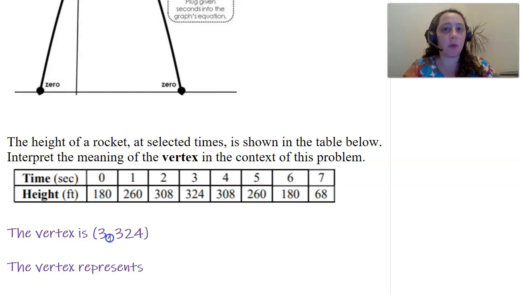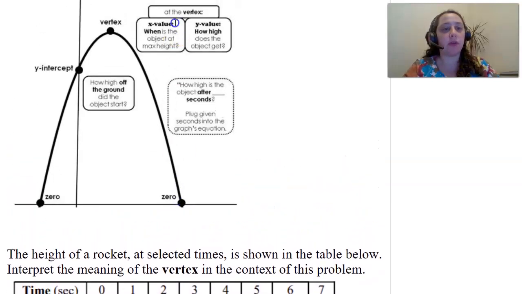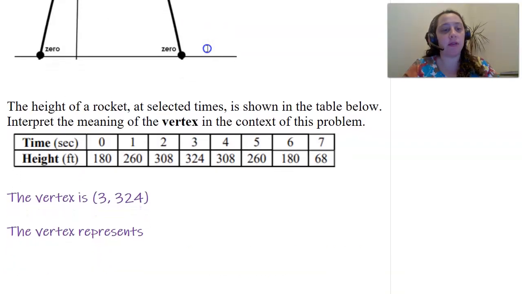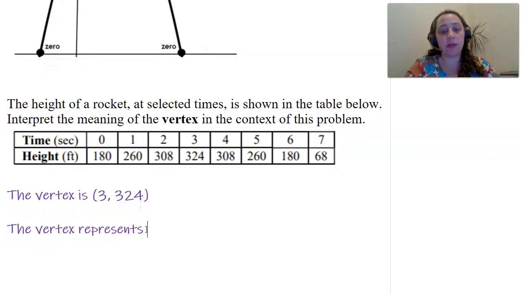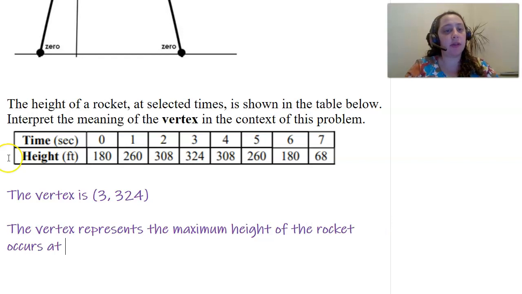So now we have to figure out, what does this represent? Well, remember we said the vertex, the x value is when, and the y value is how high. So we can say the vertex represents the maximum, because this is the biggest number, and we're talking about height. The maximum height of the rocket occurs at what time?